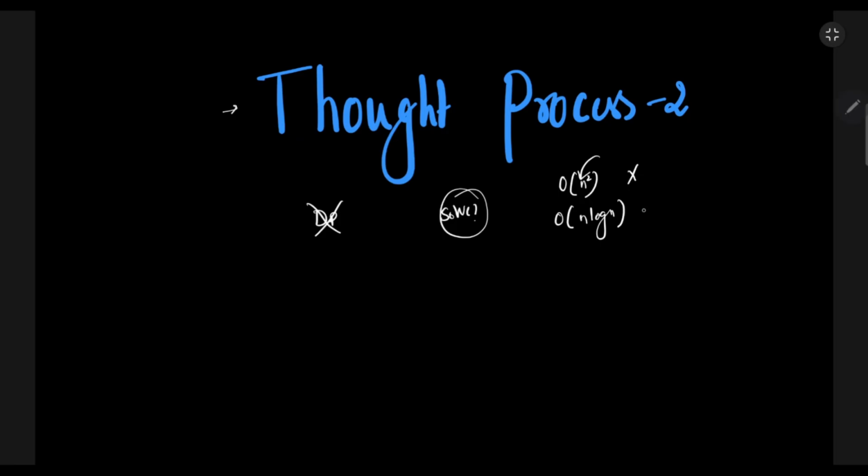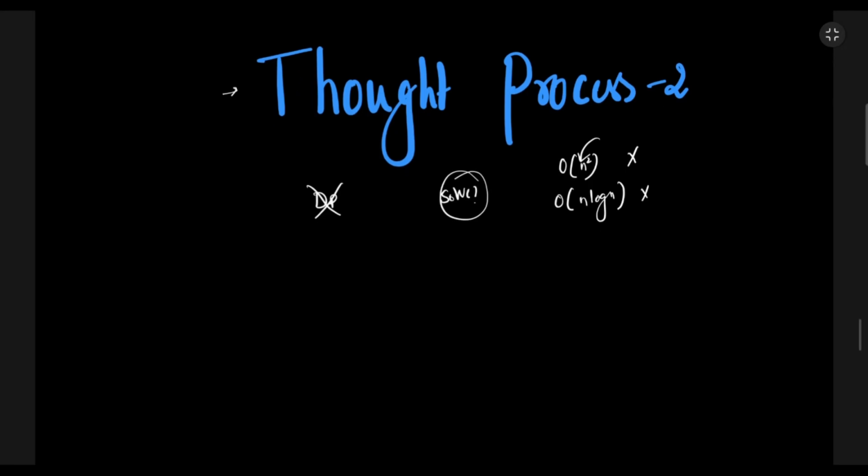So we will discard these two time complexities. Now the obvious solution is time complexity big O of n. Wait a second and think: dp failed here and we want a big O of n approach.